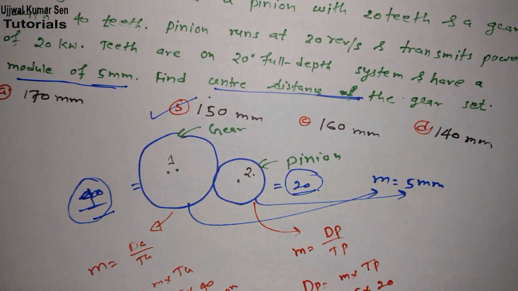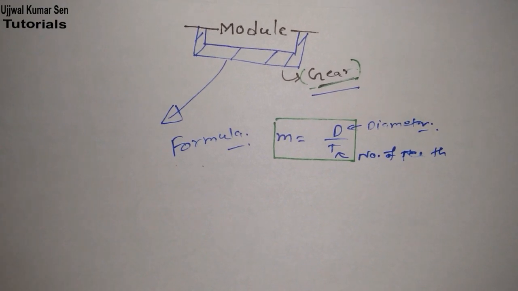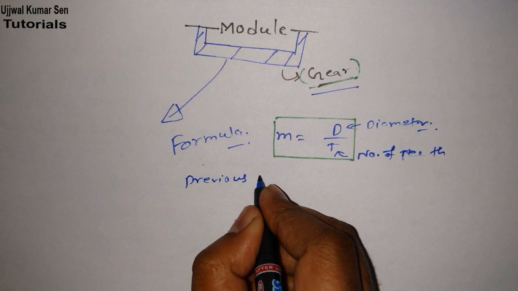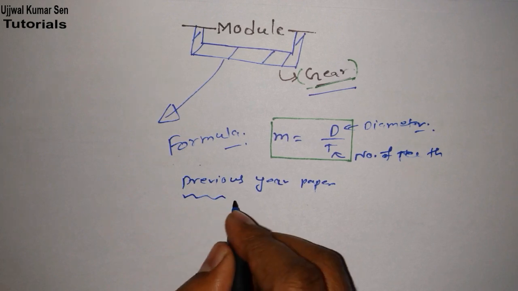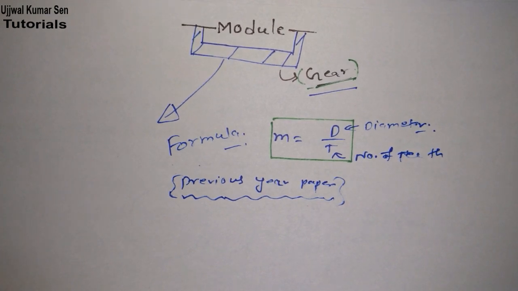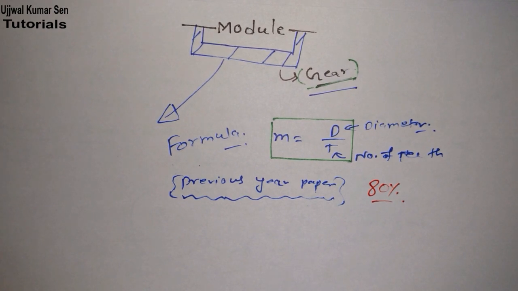Now I hope you understand what type of question you can get in the GATE examination. You can even get a question from module. So the important thing is how important it is to know all the formulas, because if you practice previous year papers, which you can easily download from their official website, then you will understand that in GATE about 80% of questions are numerical based.